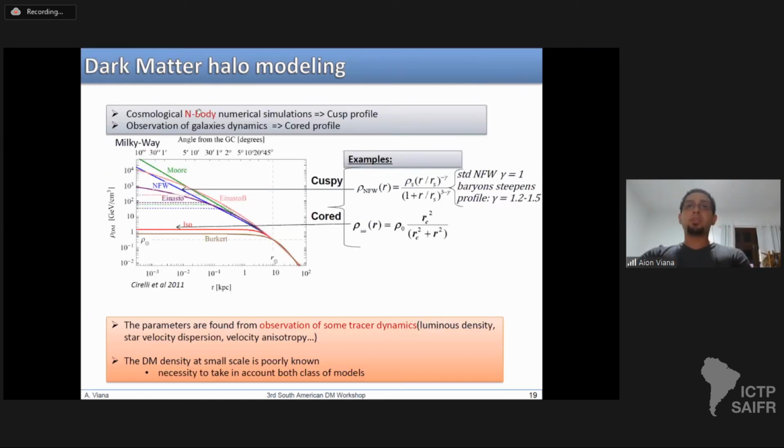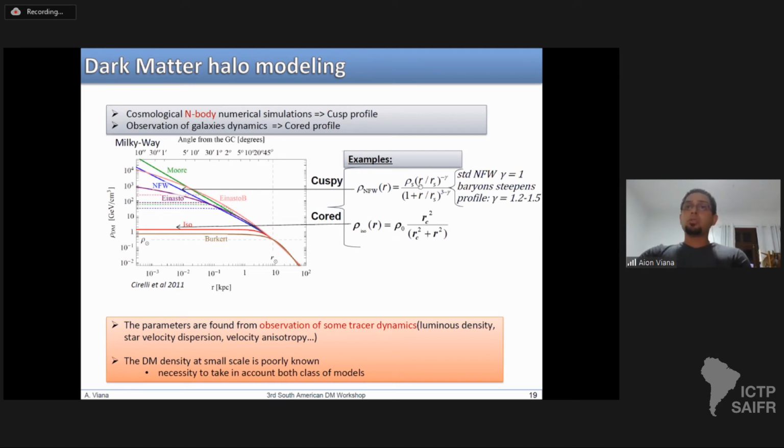Now, these normally come from either N-body numerical simulations. As we saw this morning, there's a lot of discussion over cusp profiles or core profiles. Typically from observation of galaxy dynamics, we see some core profiles. And here I give you examples of the different profiles that fit the Milky Way density profile: 2 examples of a cusp and a core, a Navarro-Frenk-White and an isothermal.